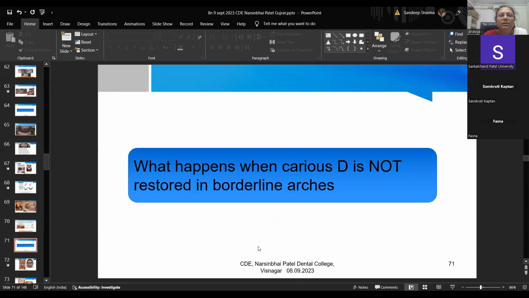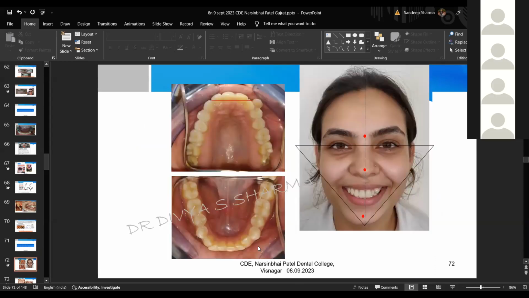So what happens when caries in D is not restored in the borderline arches? It is this ectopic canine. This is a student from some dental college. I asked her whether she has a TMJ problem. She said yes, she is suffering, and she is using soft splints for that.